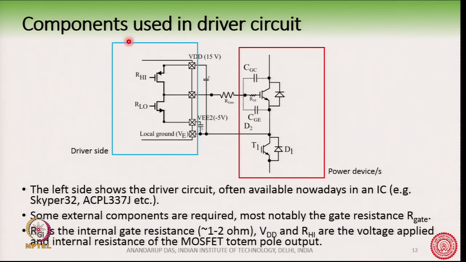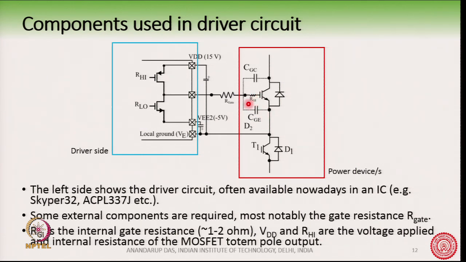We will talk about those protection features. You can see here I have tried to show the two sides: this is the driver side and this is the power side. This is the half bridge IGBT, the power device with two IGBTs, and you can also see the gate-collector capacitance and gate-emitter capacitance here.